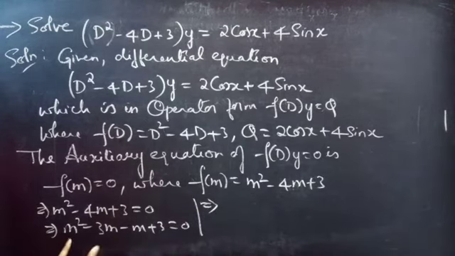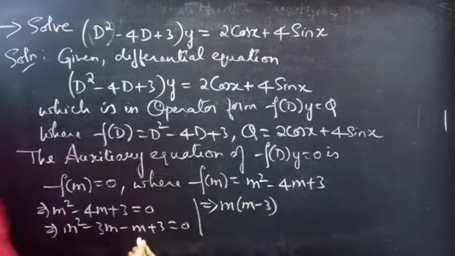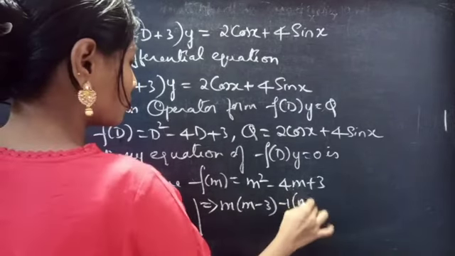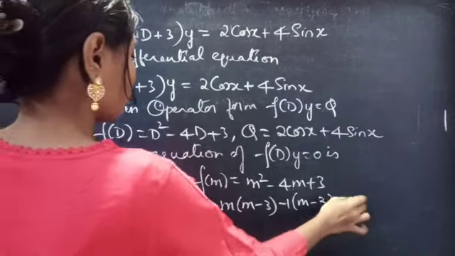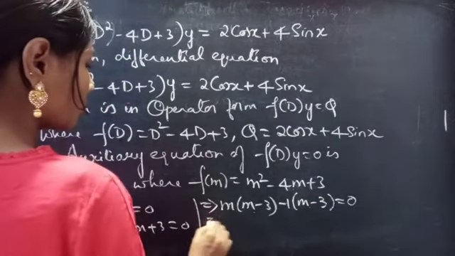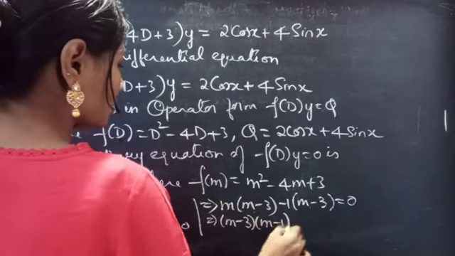Let's take m common from the first two terms. We'll get m(m − 3). Now take minus 1 common from the next two terms. So here (m − 3) is common in two terms. So let's take (m − 3) common. We'll get (m − 3)(m − 1) = 0.